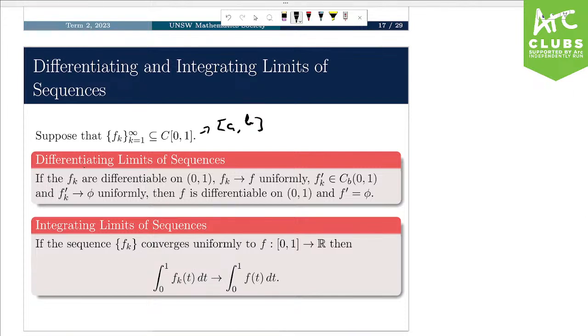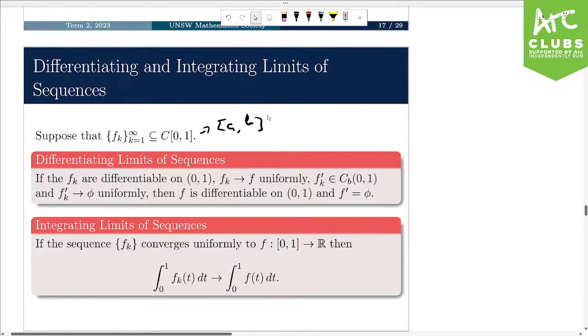If all of these functions are differentiable and converge uniformly, and the derivatives are continuous and bounded, and they also converge to something uniformly, then our limit function is differentiable, and its derivative is the limit of the derivatives of the f_k.